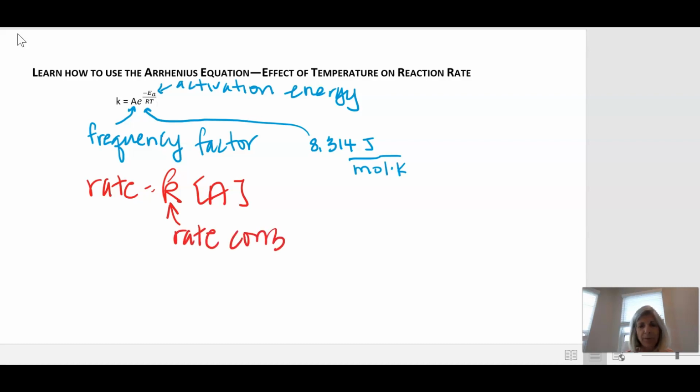When we determined the rate law, it was determined experimentally. So we monitored the reaction, calculated the rate, and then determined the rate law. And the rate constant was determined afterwards. All the experiments were done at the same temperature so that K would be constant. So K is temperature dependent.